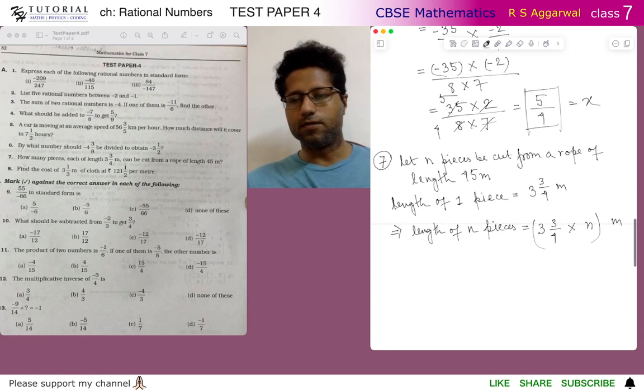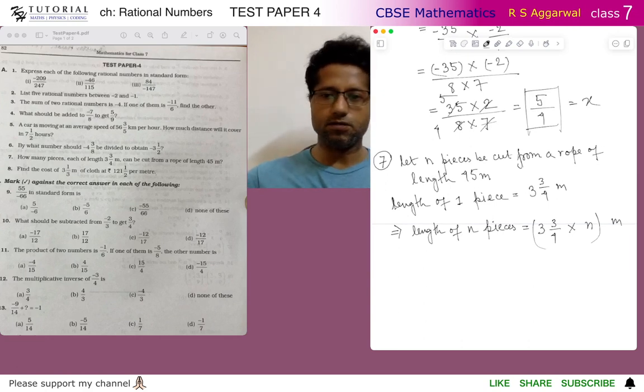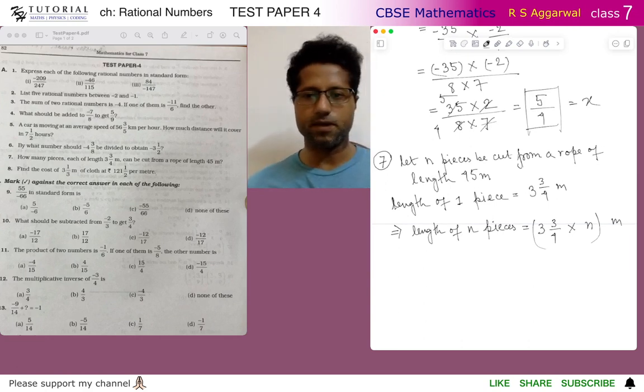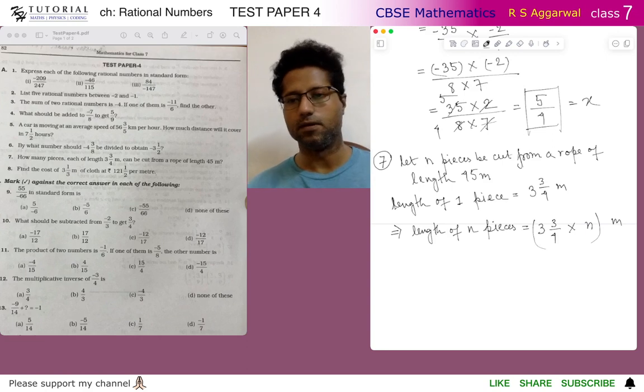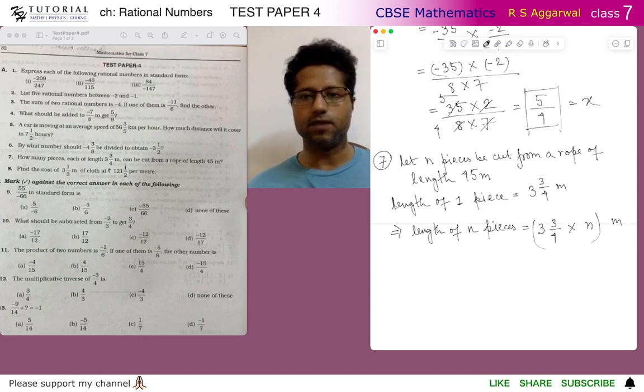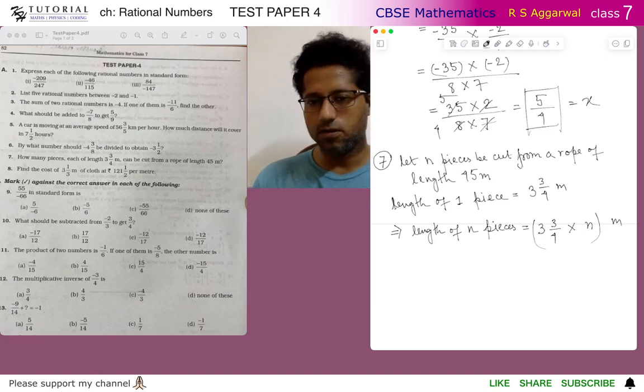This should be equal to the length of the rope, 45 meter, because we assumed that n pieces can be cut from the rope of 45 meter, so the total length of the n pieces should be 45 meter. The length of each piece is 3 and 3 by 4 meter, so the length of n pieces is 3 and 3 by 4 multiplied by n meter.